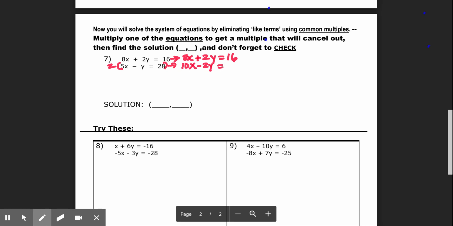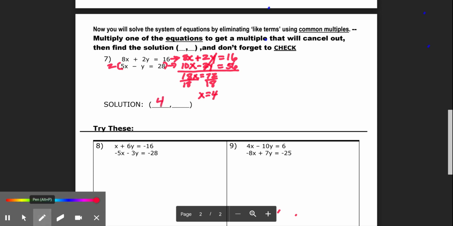Don't forget to multiply 2 by the 28 as well. So that will give you 56. All right, so now I can eliminate the y's, and I have 8x plus 10x is 18x equals 72. And then I divide by 18, and x is going to be equal to 4.